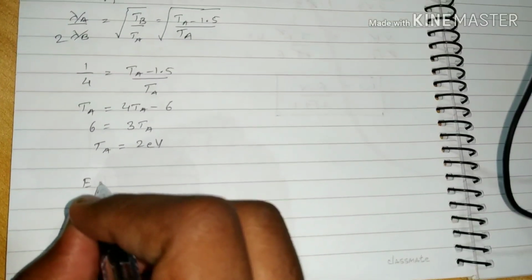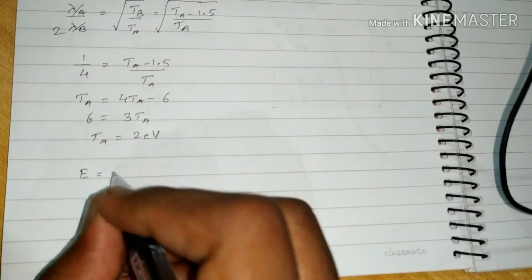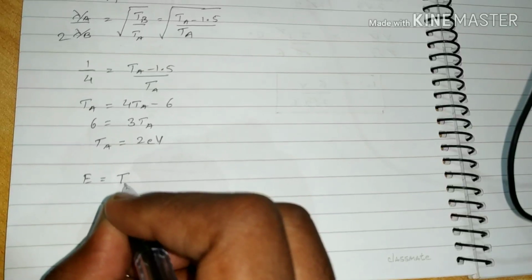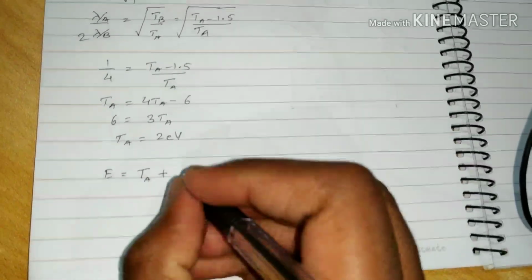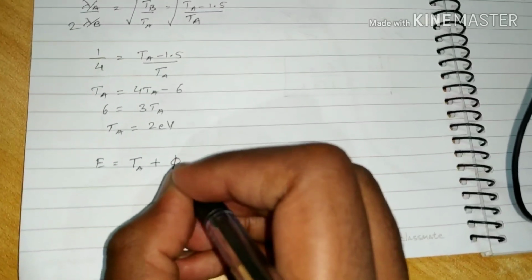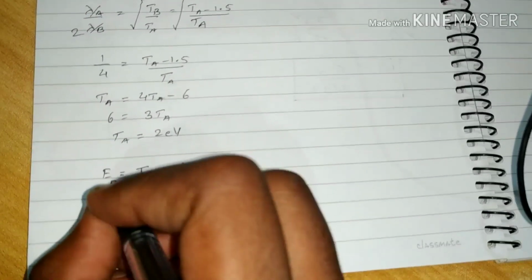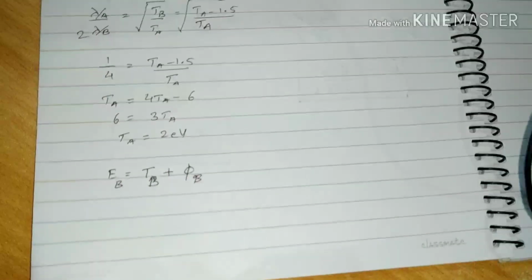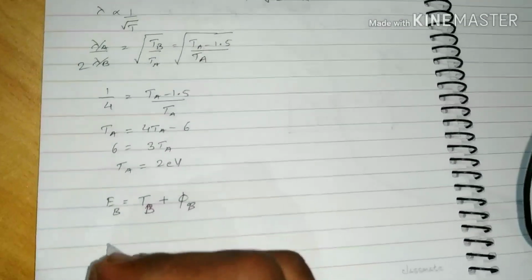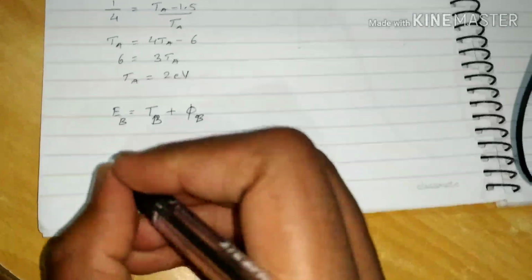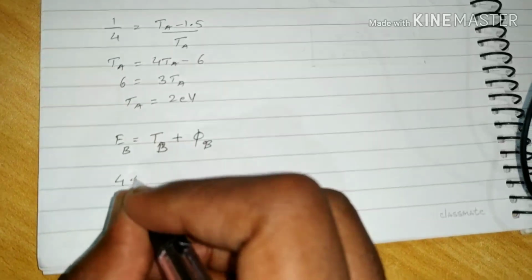We know that the energy of a photon is divided: whatever energy of photon is coming, some is used in terms of kinetic energy, and some amount is used in terms of work function. In this case, if we are speaking about B, I shall name everything with B. So EB they have given as 4.5 electron volt.